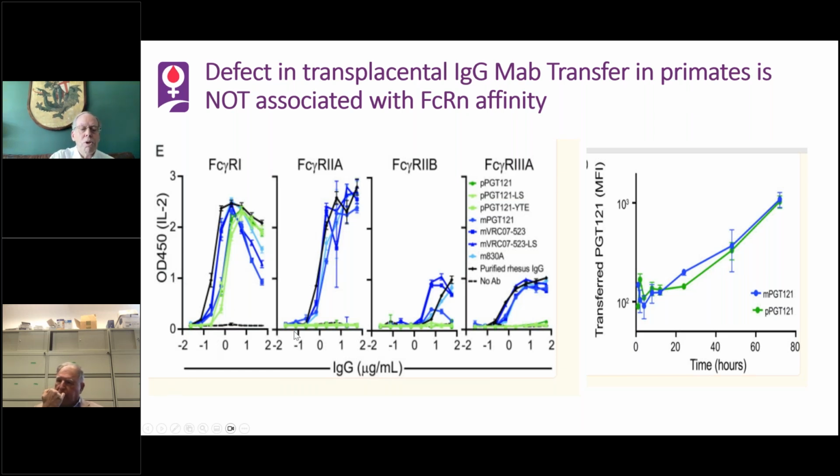But you can see that the plant antibodies did not bind FcR2a or FcR2b or FcR3a very well at all. And that may explain why they did not achieve, in the macaques, transplacental transport. So this is another suggestion that this is important.